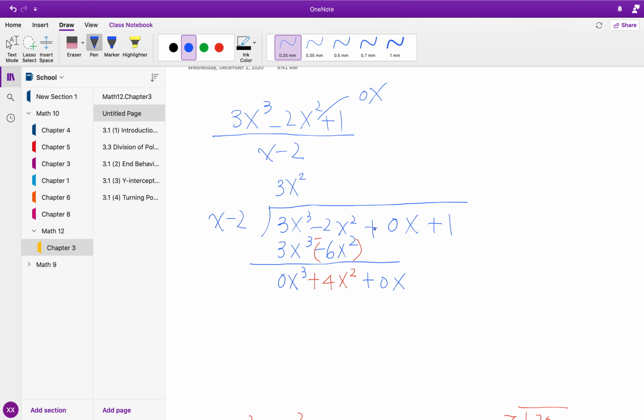Okay, so now I have this first term versus this. So what can I multiply to be the same as this? And of course, sure enough, this should be plus 4x. So then that gives me positive 4x squared.